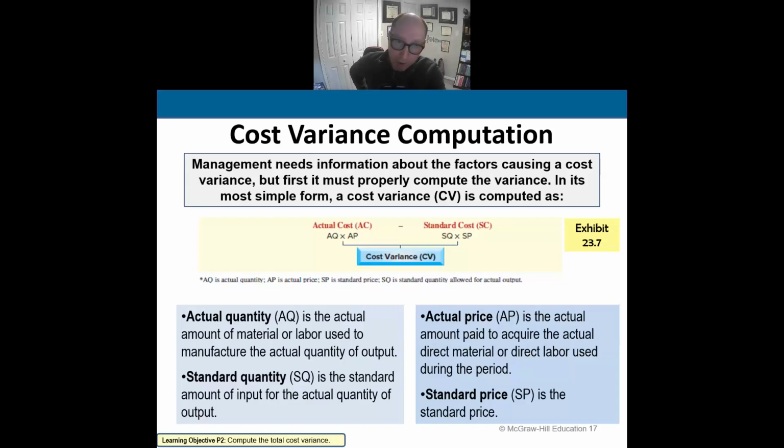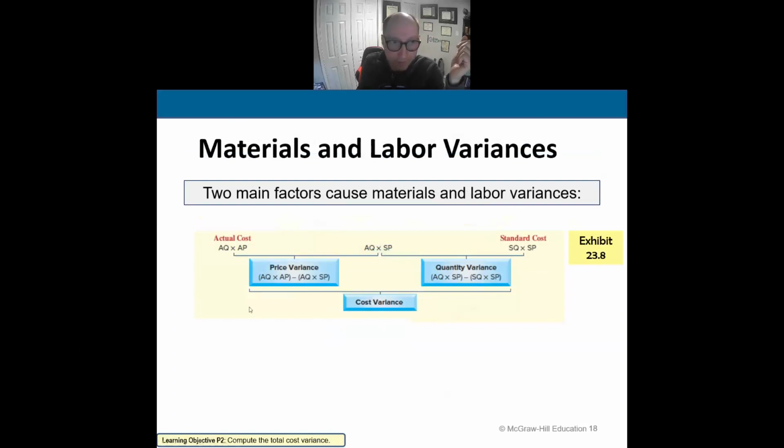The actual cost minus the standard cost gives us the cost variance. We typically do this for both materials and labor to find the cost variance.